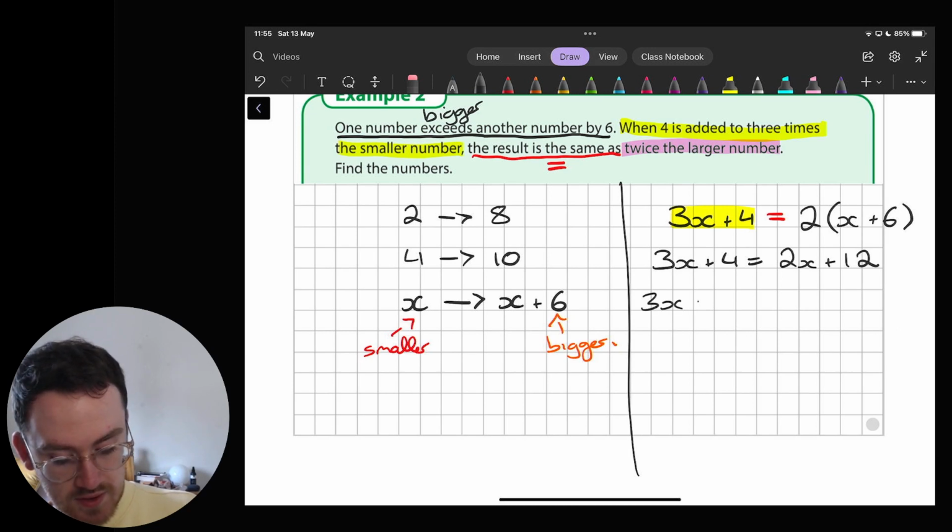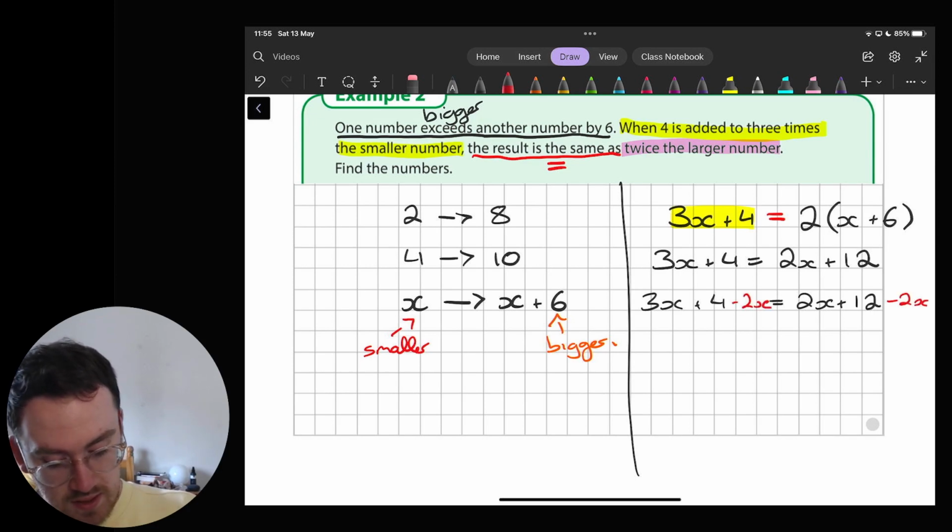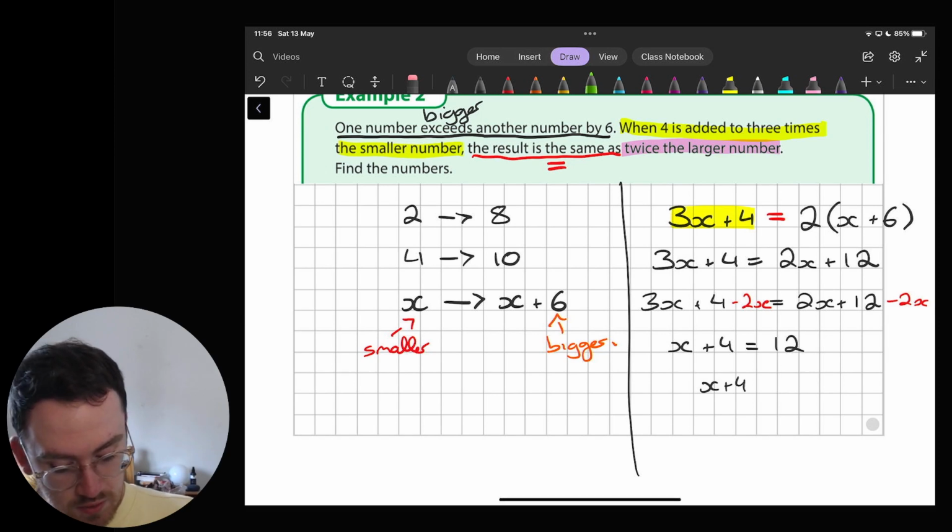Then following our same steps that we've done with all our equations so far, we're going to try and get the x's onto one side. So that means taking 2x from both sides, or whatever way we go about it, I suppose. We get 12. Then here again, we're taking away a 4 from both sides.